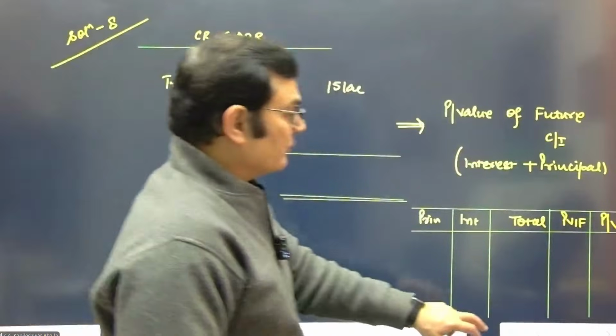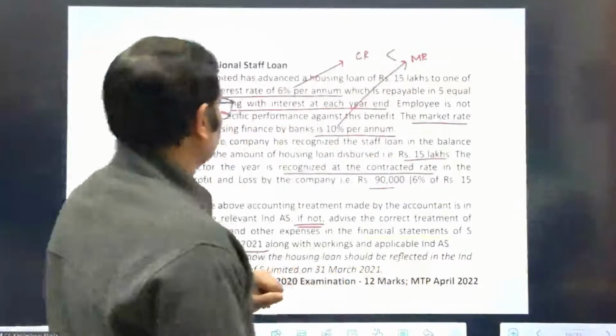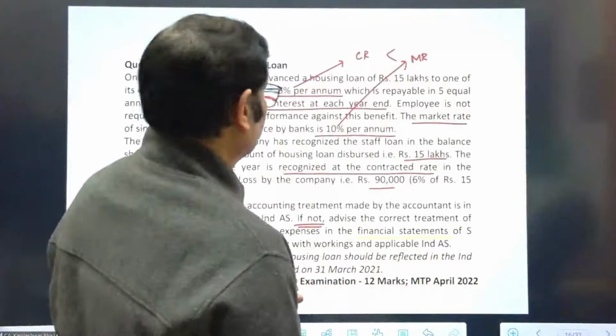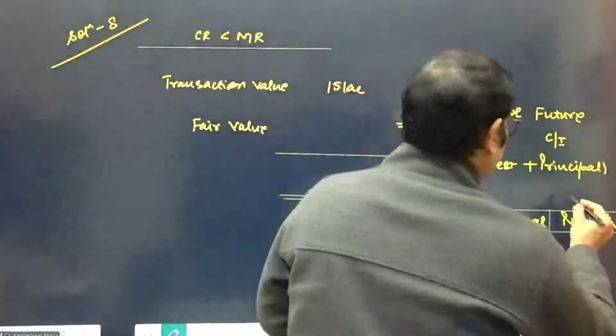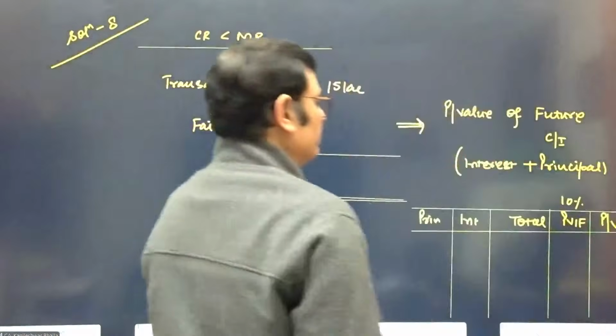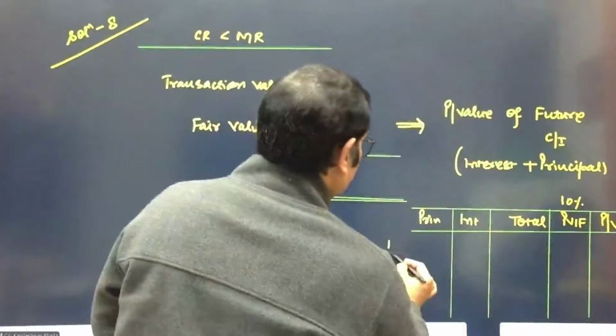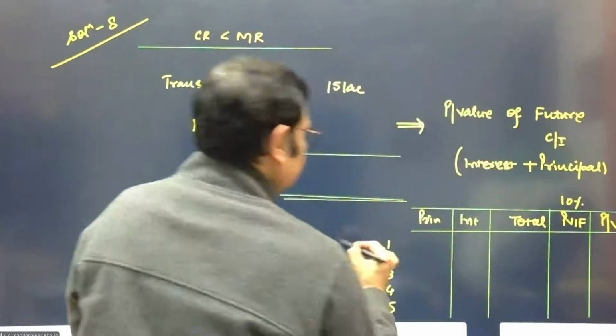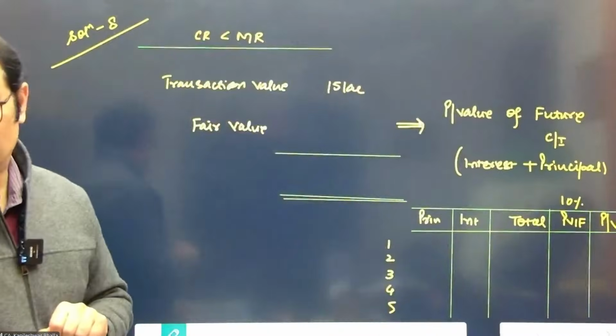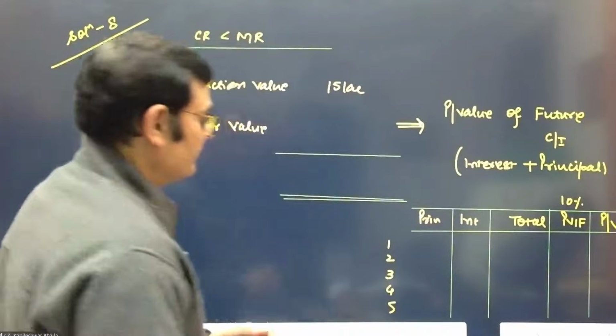The discounting rate is the market rate, which is 10%. So we'll do the discounting at 10%, for a period of 5 years. Let's now do some calculations.